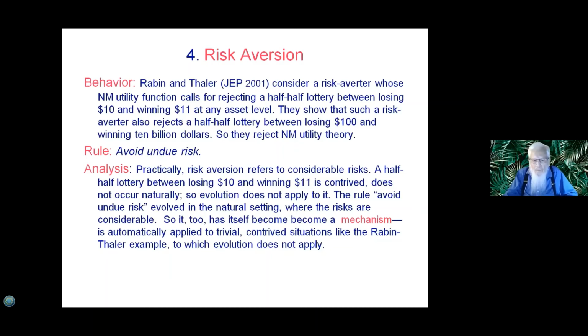It's automatically applied, just like eating, or revenge or honor or holding on to your own. It's automatically applied to trivial, contrived situations, like the Rabin-Thaler example, to which evolution does not apply, okay?